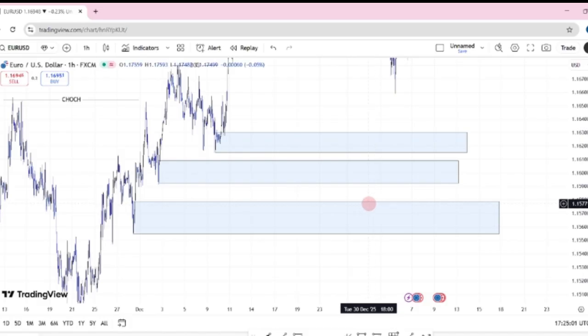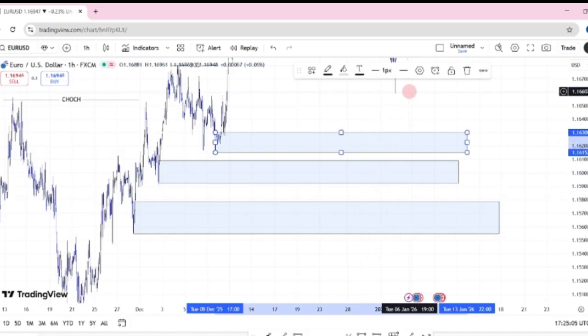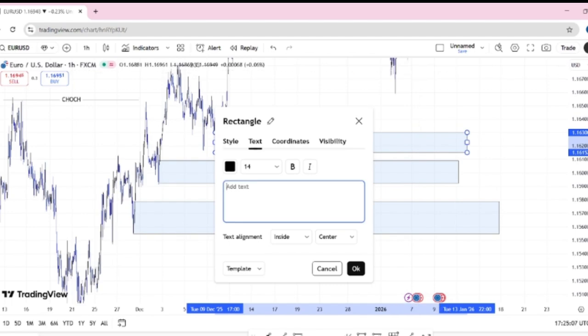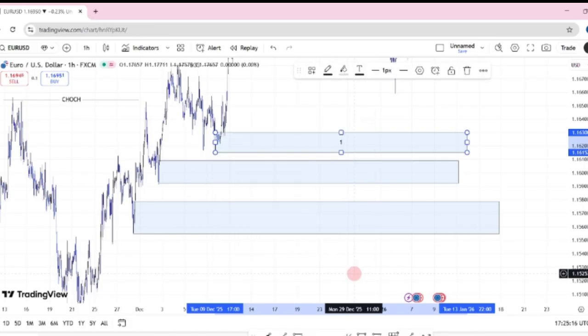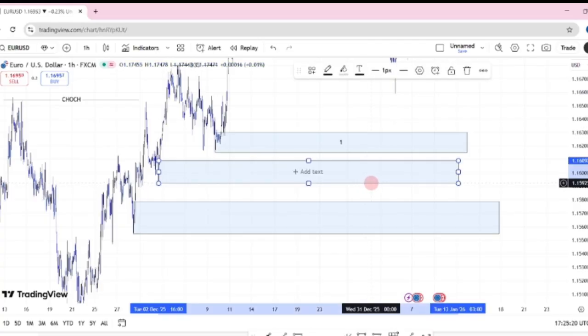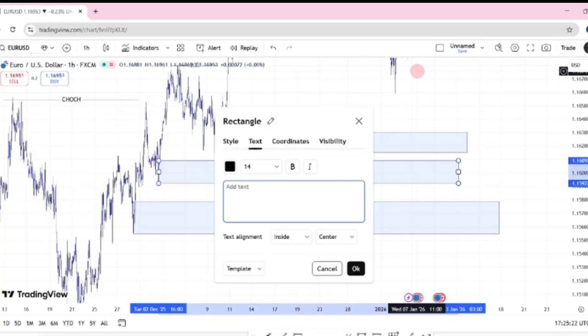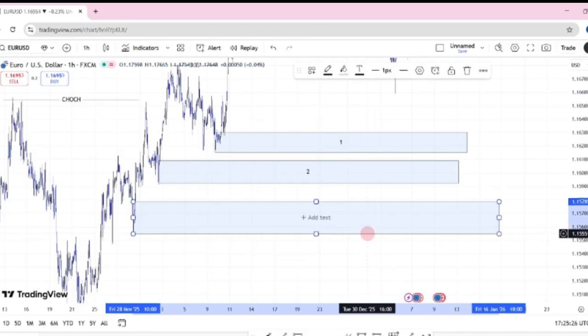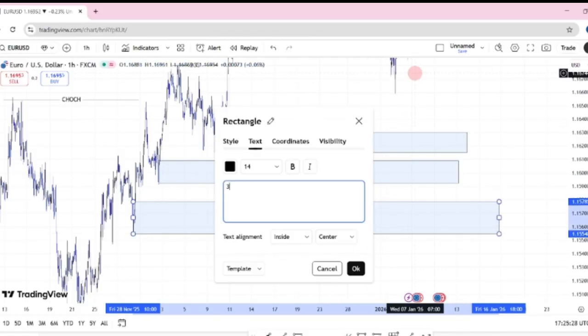So I think we should label this properly. Okay, so that's zone 1, and let's label this zone 2, and this is zone 3.